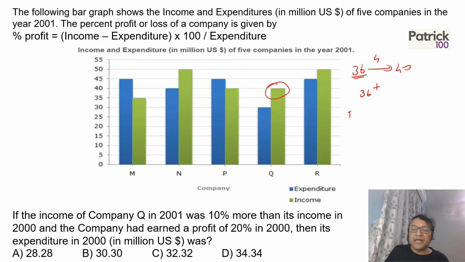So that means if the expenditure was 30 and income was 36, I would get 20% profit because 6 out of 30 is 20%. But this is more than 36, so this will be more than 30, and because this will be more than 30, from the options you can make out the answer will be B option, right? Only option which is slightly more than 30.